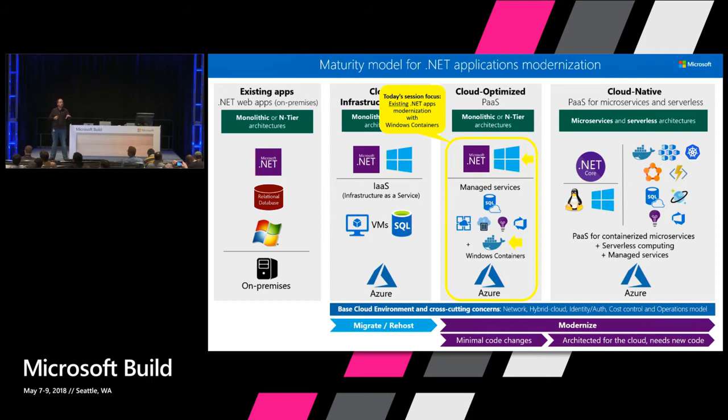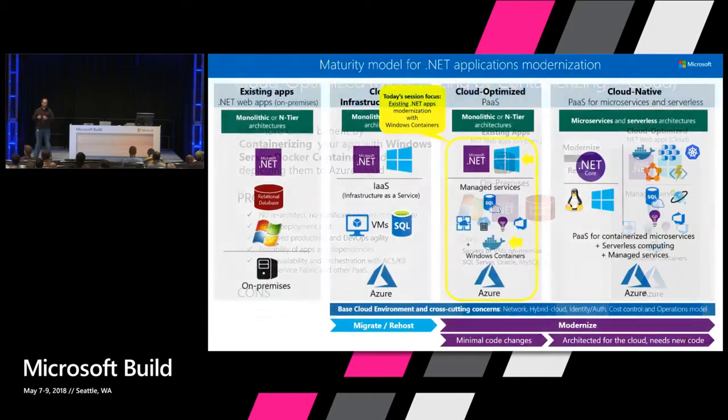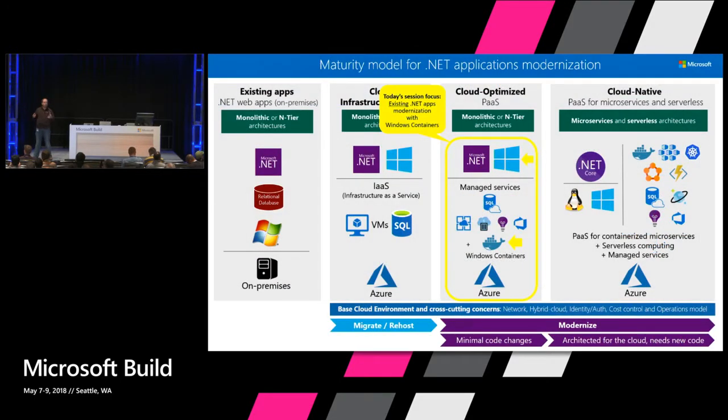You might be using App Insights for analytics, VSTS for your CI/CD pipelines, ACI, Azure Container Instances, App Service, SQL database, and then containerizing your application. Right? So this is the focus of this session. And then the other one is more about .NET Core, cross-platform, microservices, but that would be a different subject. Okay.